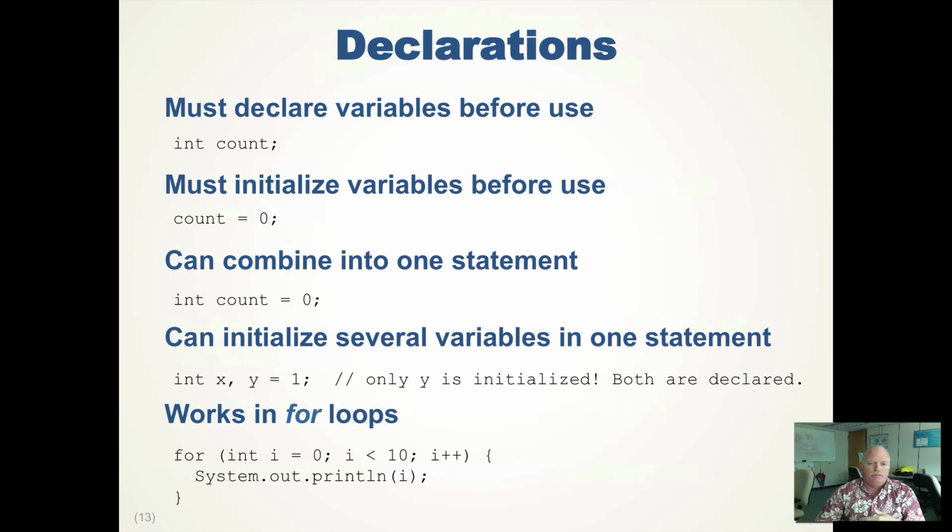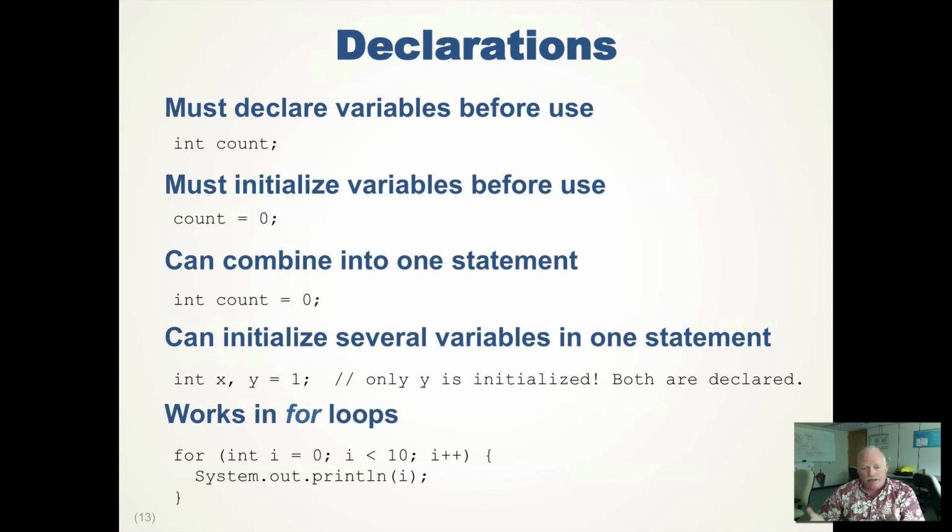So let's talk a little bit about declarations. We briefly talked about it before. You must declare all your variables before you use them, and variables need to be initialized before they're used. For example, int count declares the variable count of type int and allocates the memory, and then when you initialize count to 0, that assigns the value 0 to that memory location.